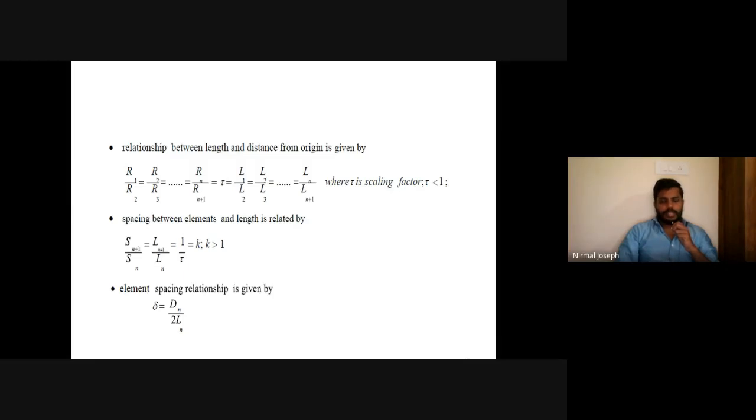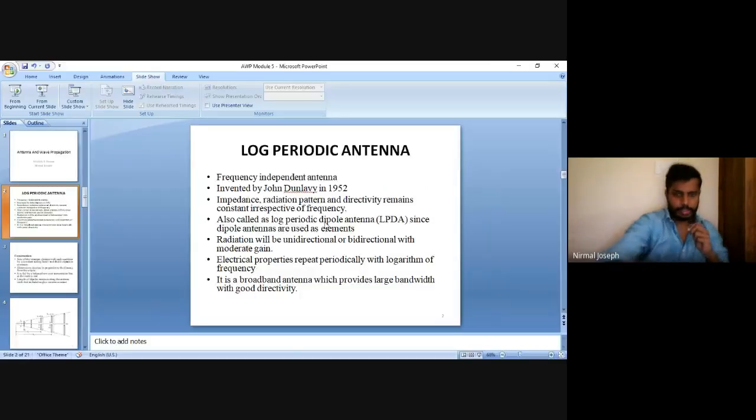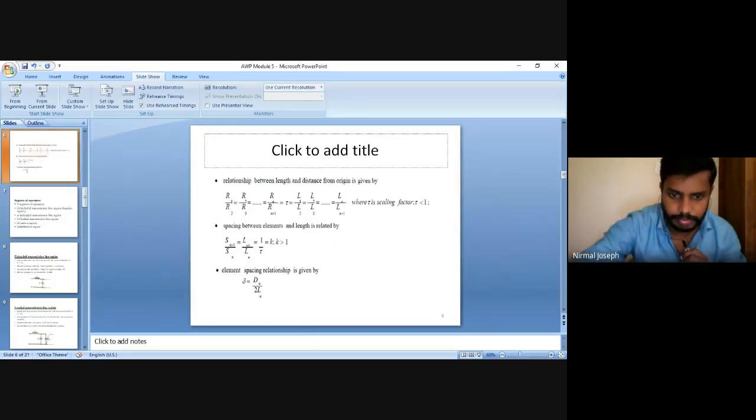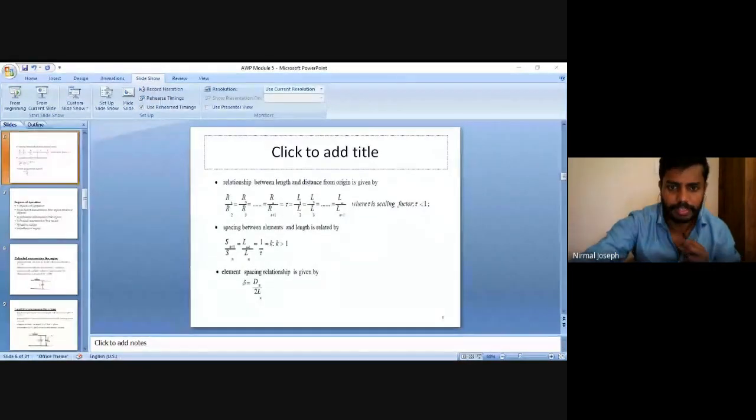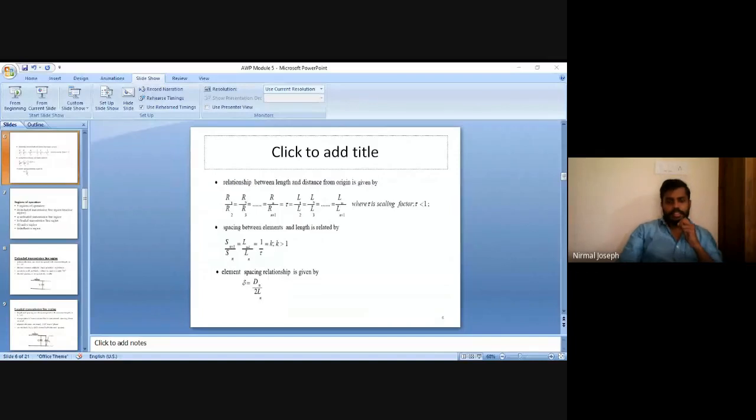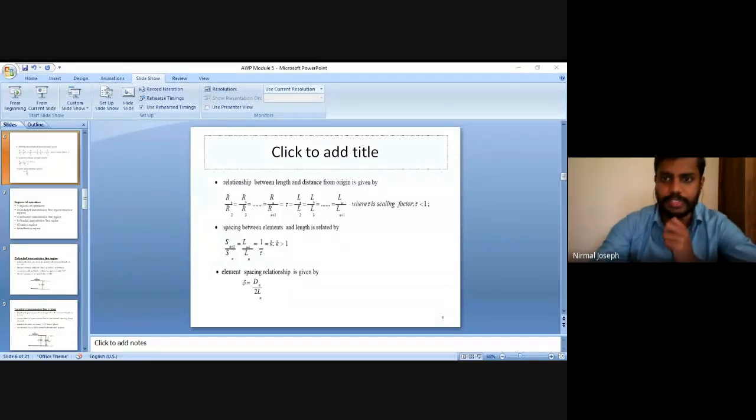Ln is the length of nth element and Ln plus 1 is the length of n plus 1th element.